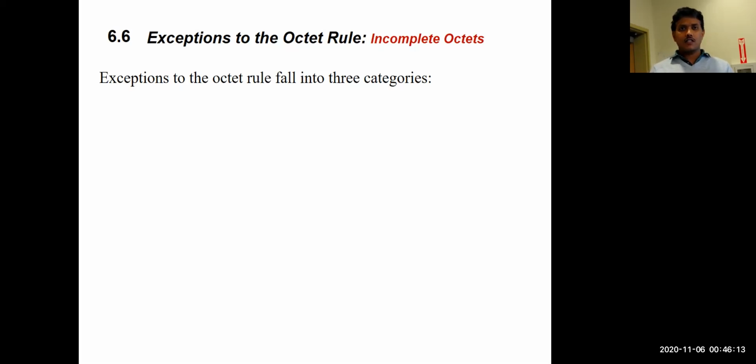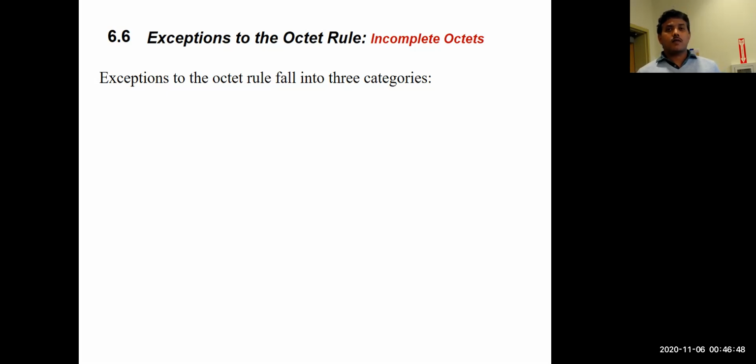What we learned in section 6.3 is how to draw Lewis structures, right? We set up a total of 9 rules that you have to follow: the first 6, and then use rules 7, 8, and 9 to cross-check your structure and make sure everything is correct. If you refer to the Lewis structure rules again, especially rule number 2, I discussed a few exceptions you should consider whenever you draw Lewis structures.